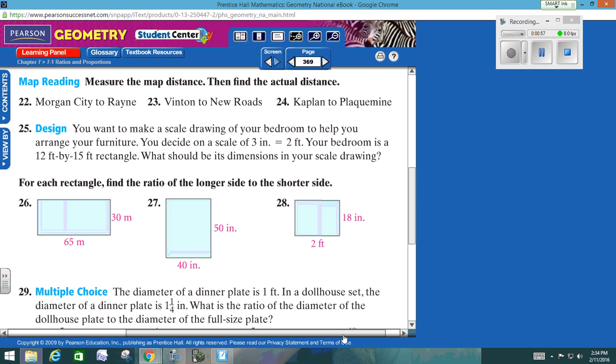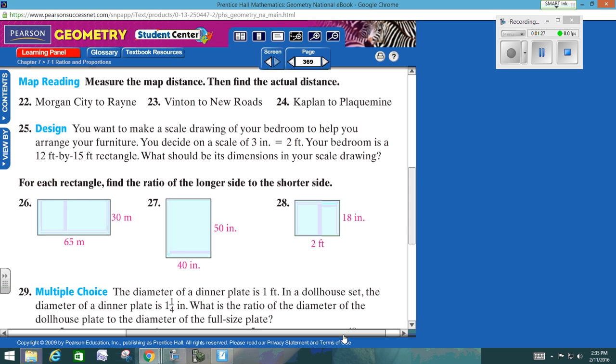Okay, so like in your head, if there's 12 feet, right, and every 2 of them are 3 inches, how many 2 feet are in 12 feet? You know how many 2 feet groups are in 12 feet? 6. Okay, so now you take 6 times 3 to figure out how many inches that is. Because for every 2 feet that exist here, that's 3 inches on the paper.